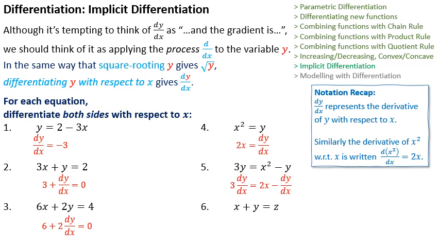And even question 6, where I've thrown in an additional variable that I've not even mentioned before, it still works just the same. We can differentiate x with respect to x because it is x, and so it's going to become 1. But when you differentiate y with respect to x, we get this object, the derivative of y with respect to x. And z will differentiate to give the derivative of z with respect to x.